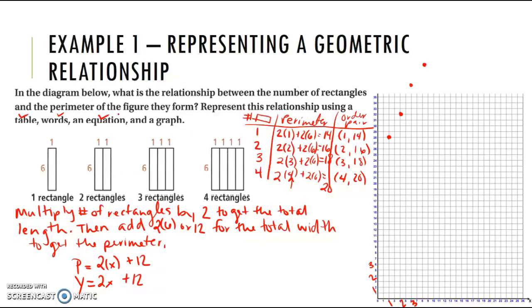So number of rectangles is our input, our independent variable, and the perimeter of that is our output, or our dependent variable, because it depends on the number of rectangles. From there, we just described what it was that we were doing in order to find the perimeter. We wrote our equation in y equals form, and then we graphed it.